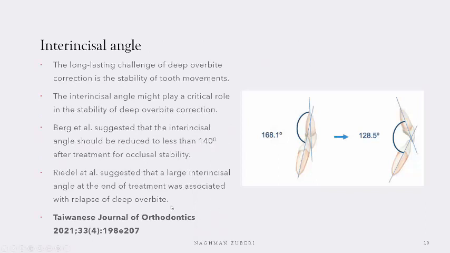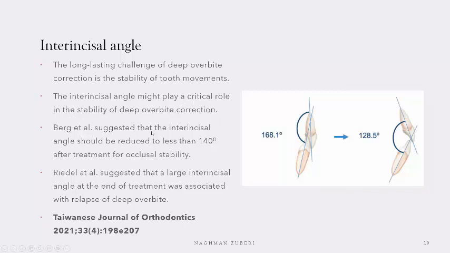There is a very nice article published in the Taiwanese Journal of Orthodontics in 2021. According to that, the long-lasting challenge of deep overbite correction is the stability of tooth movements. The interincisal angle might play a critical role in the stability of deep overbite correction.